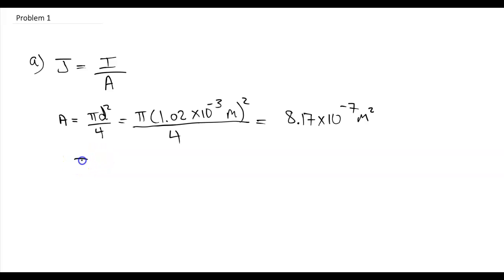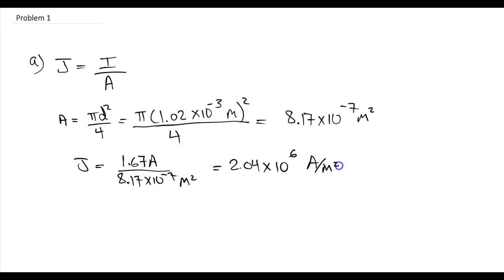So now we can say that J, the current density, is 1.67 amps, which is the current that the wire carries, over this 8.17 times 10 to the minus 7th meters squared, or 2.04 times 10 to the 6th amp per meter squared.